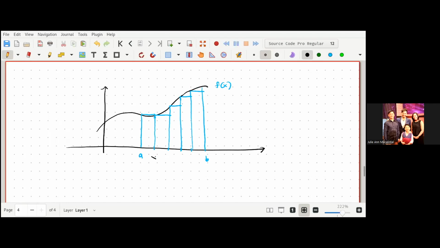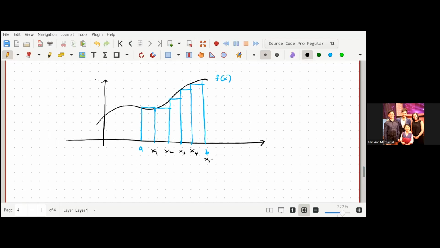So, this would be x1, x2, x3, x4. Tapos, this is going to be 1, 2, 3, 4, 5. So, this would be x5. So, kung gagamitin natin yung left integral, I don't have a name for this, we'll be using yung values sa left.